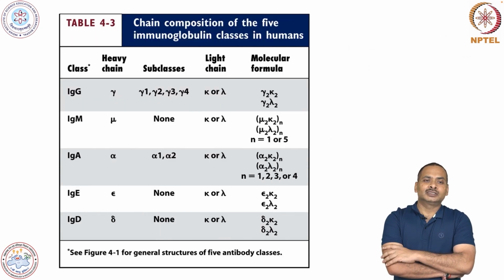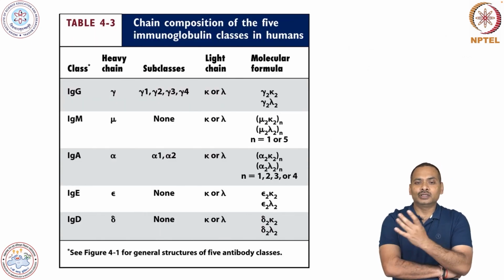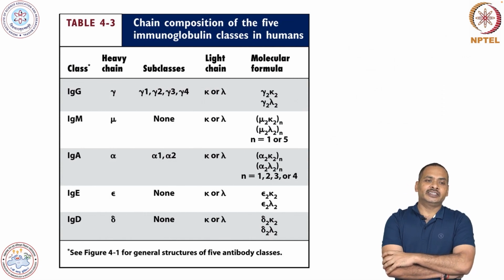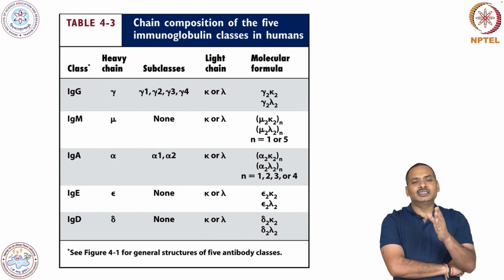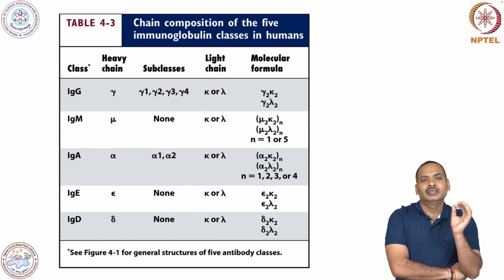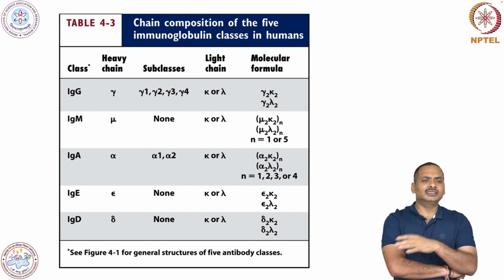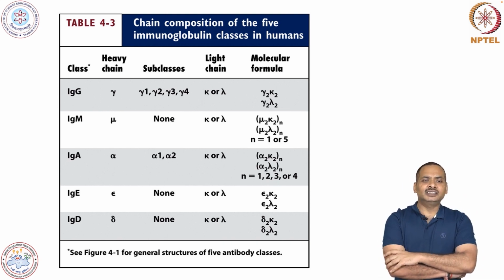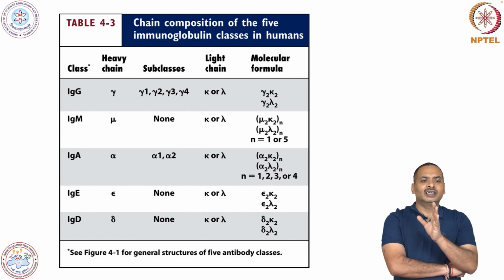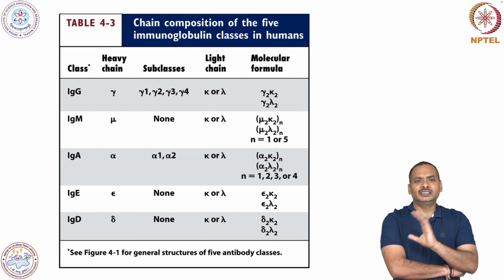There is some kind of molecular formula for each antibody. Here you can see that in the extreme left column there are the classes: IgG, IgM, IgA, IgE and IgD.